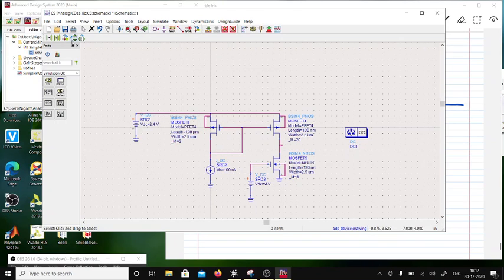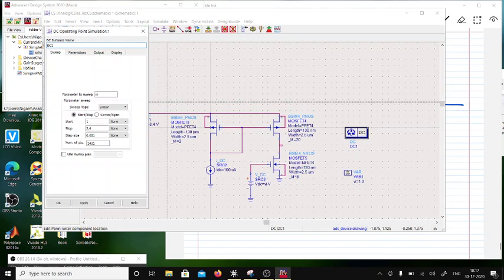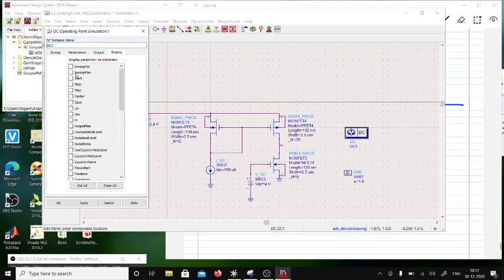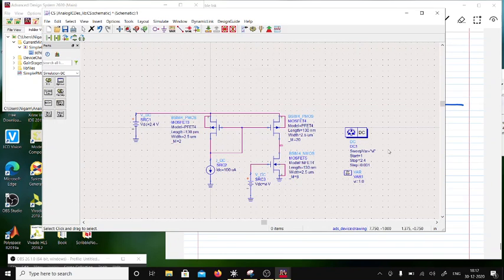Then I have to declare a variable VI. The default value can be anything because I'm going to sweep it. I'm sweeping VI and displaying the output, so this is my sweep and I'm plotting the wave.